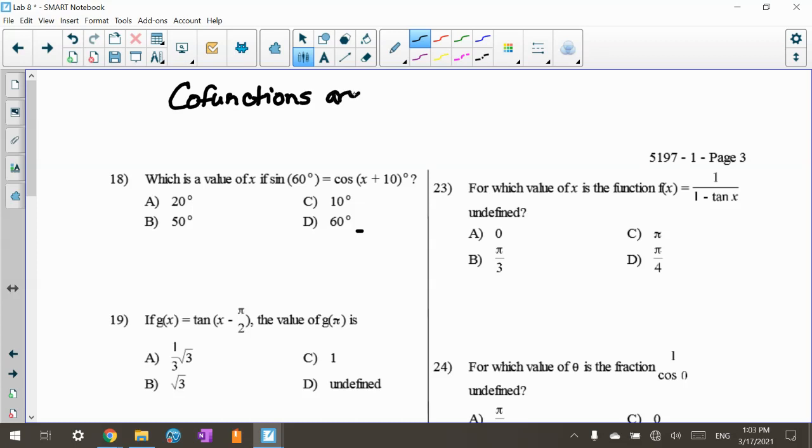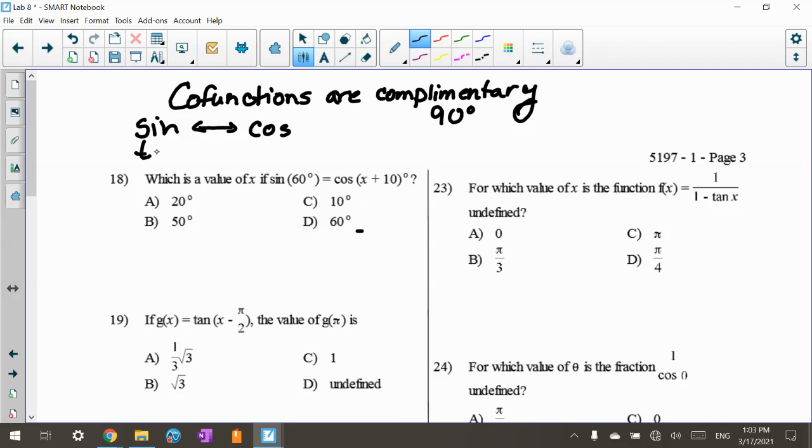When I say cofunctions, I'm talking about cosine and sine, not the reciprocal functions. Complementary means they add up to 90 degrees. So the cofunction of sine is cosine. The cofunction of tan is cotan. And the cofunction of secant is cosecant. Just so you know, that's what we're talking about, cofunctions.